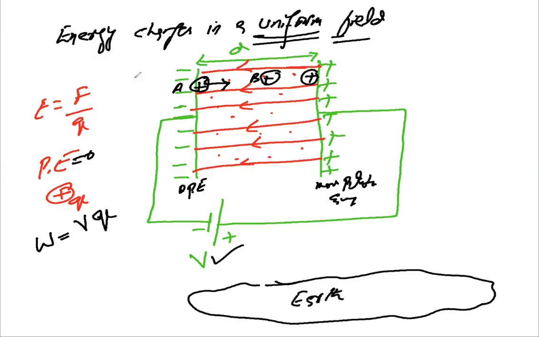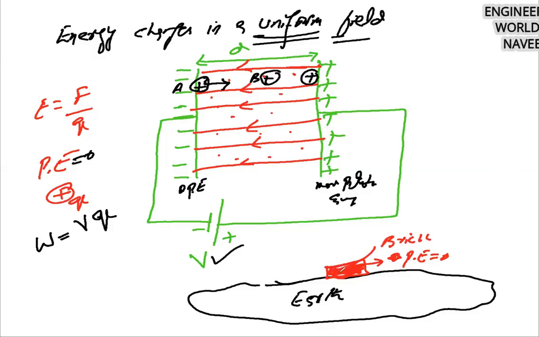If anything is placed on Earth, let's say a brick, this brick will have zero potential energy. But if you bring it upward, it means you are doing work on this brick. Let's say at this point, potential energy will be stored in this brick.